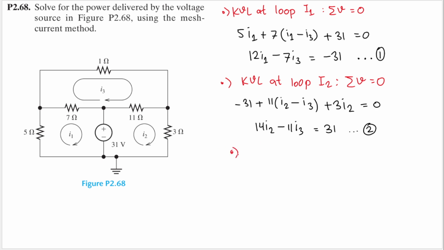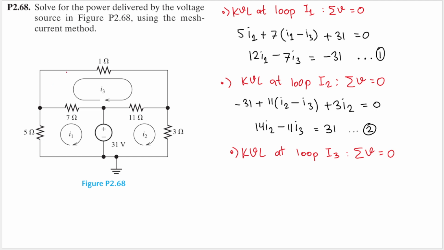Again, let's do KVL, but this time at loop I3. KVL says that the sum of the voltage will equal 0.